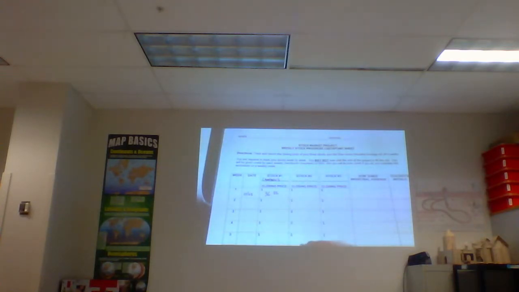So at this time, you'll want to go through and find out your closing price for your other 2 corporations, all right? After you've completed that, you're going to need to research the Dow Jones Industrial Average at this time. So how do we do that?